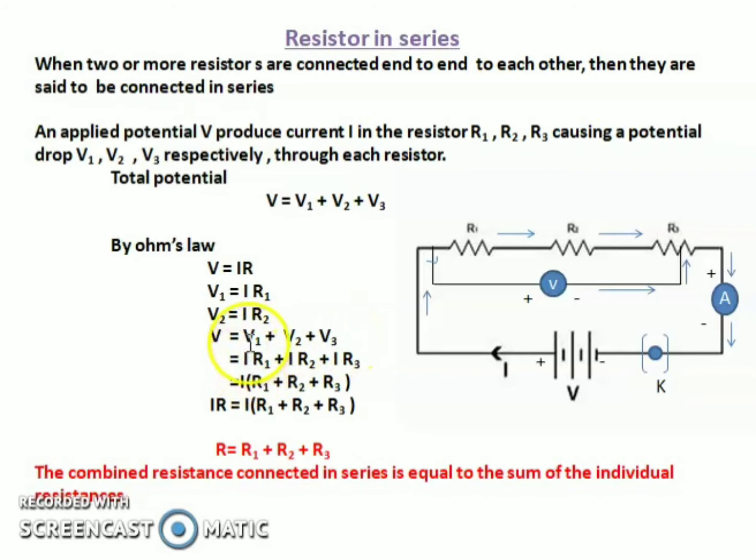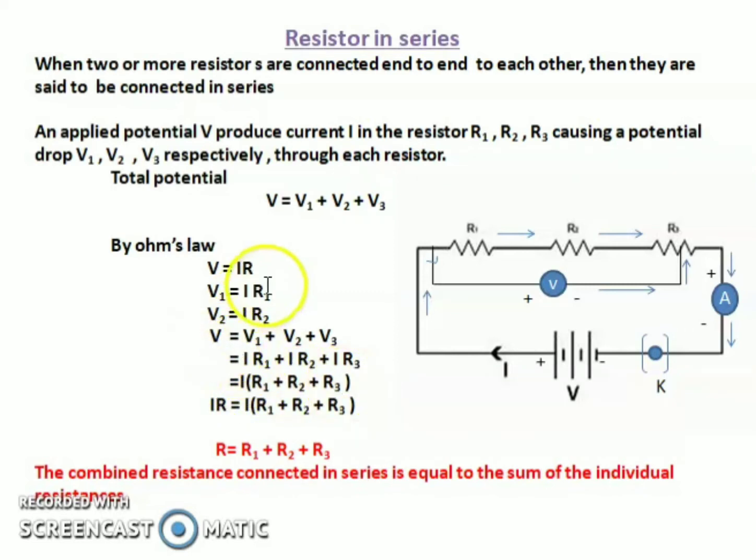V1 is I into R1, V2 is I into R2, V3 is I into R3. Here I is common, so take the common factor outside. V is equal to I into R1 plus R2 plus R3.